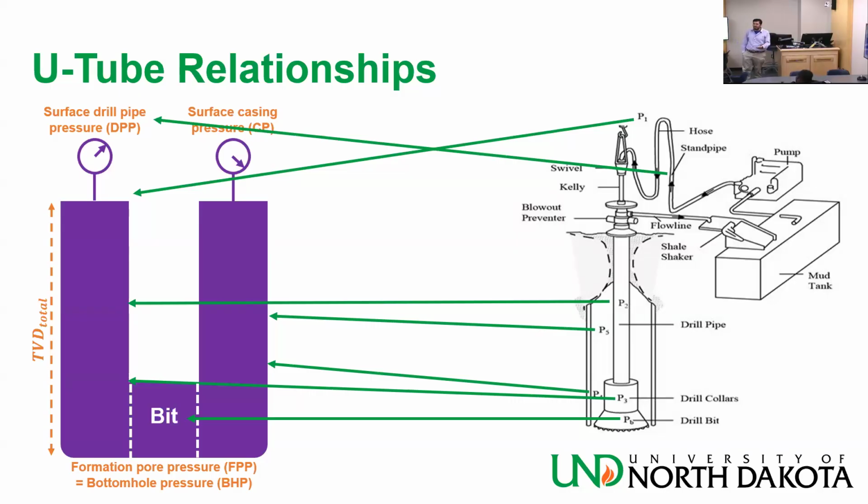Because if you think about it, you guys took well completions, all the equations that we saw, did you see any equation that had time in it? Not really, right? Dynamic estimations are very, very hard. Also, bear in mind, this friction changes based on how fast you are pumping.